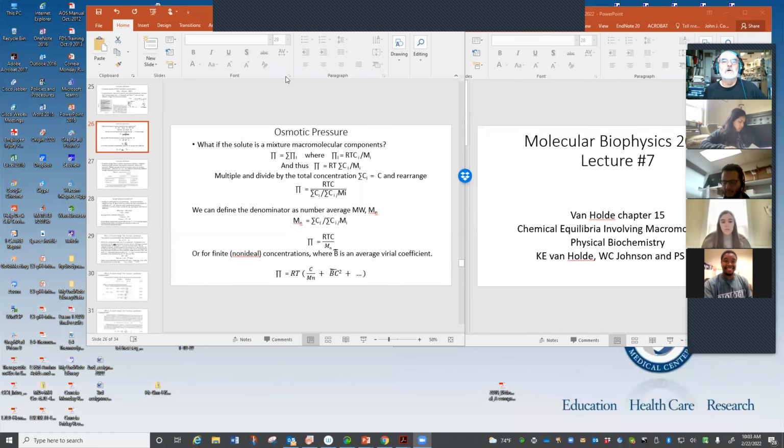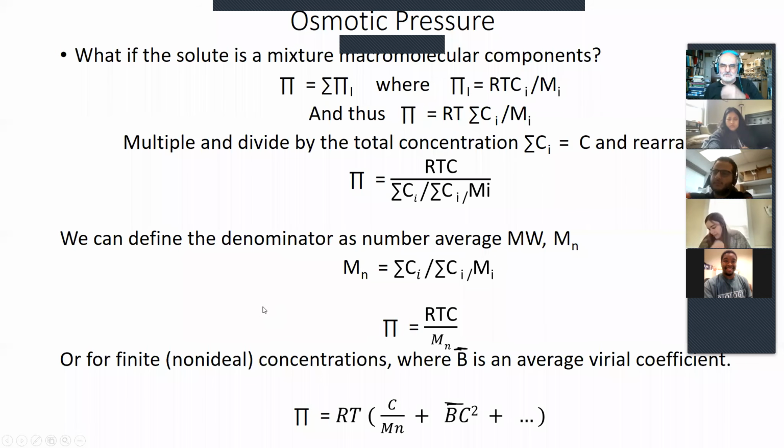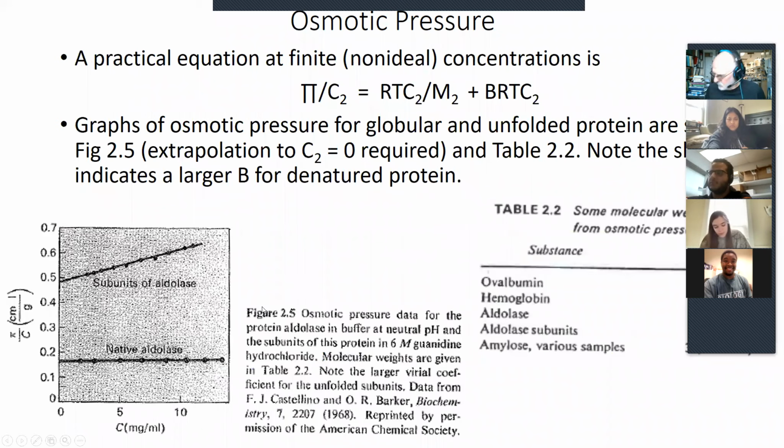Okay, and then I'm going to share my screen. All right, so this, let's see here. I think we were somewhere near here. Uh-oh.